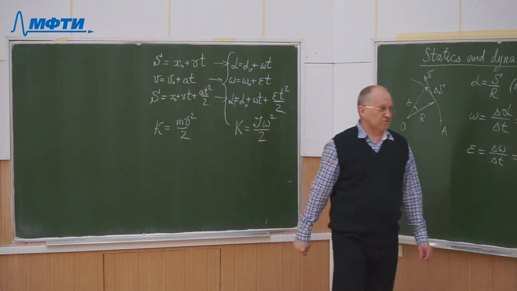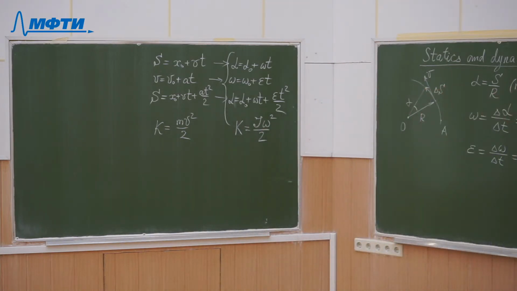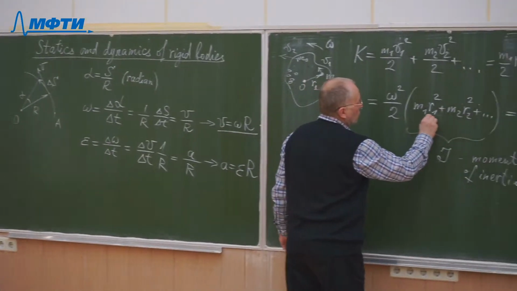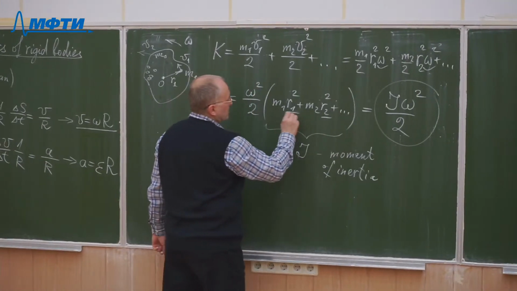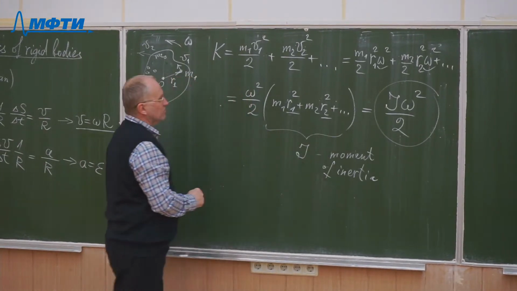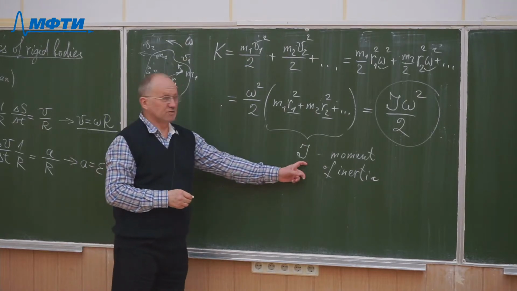And this quantity depends on the distribution of masses, because here we have the mass of each point along with the distance of this mass from the axis of rotation. So if all the masses are very close to the axis of rotation, then all the distances, all the radius vectors, will be small quantities, and the moment of inertia will be small.